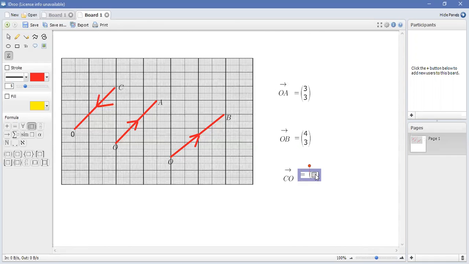Four over three. 4/3. Mm-hmm. 4/3 you get?